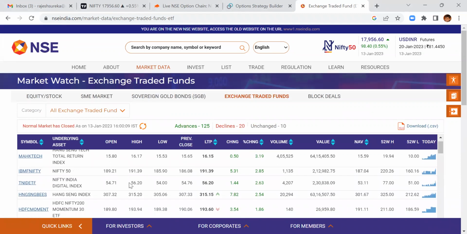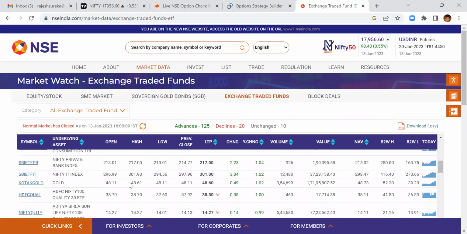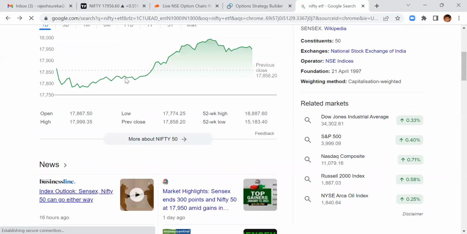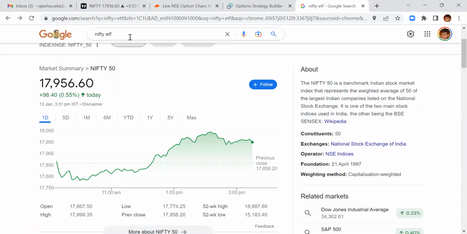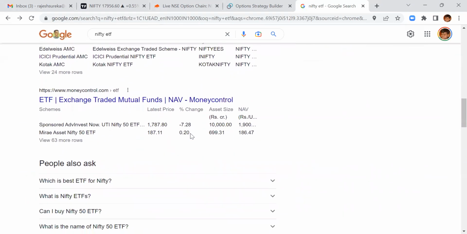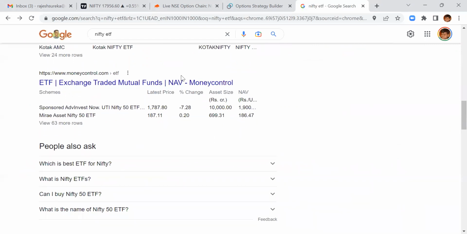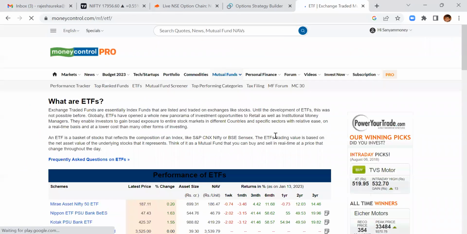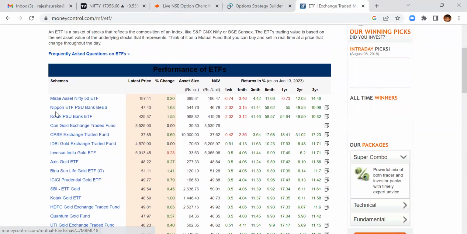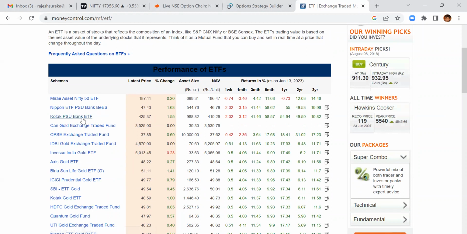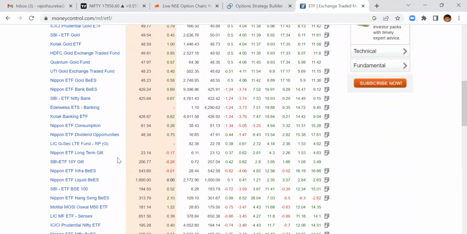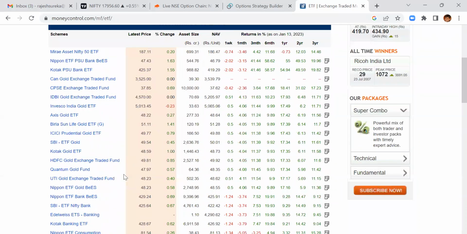You buy any of the exchange traded funds. There are many ETFs, Mirae Asset Nifty ETF, Nippon Nifty ETF. So there are different types of funds for different indexes. You go for equity ETF, the Nifty 50 ETF. You pick up any ETF actually.